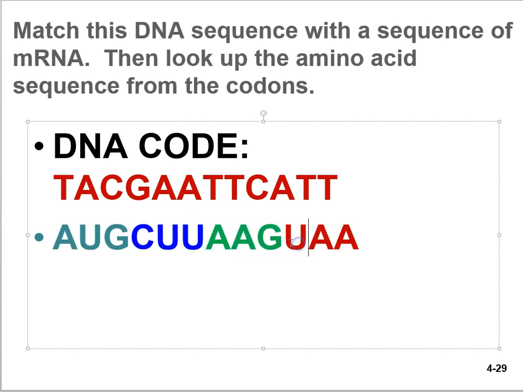Okay, so every three of these RNAs here, or of this RNA strand, is a codon. So what we're going to do is look these up on the amino acid chart. You always use the mRNA to do that. So I'm going to look up AUG first.